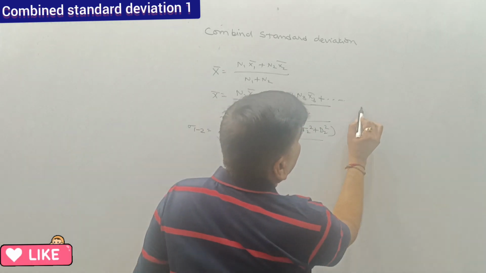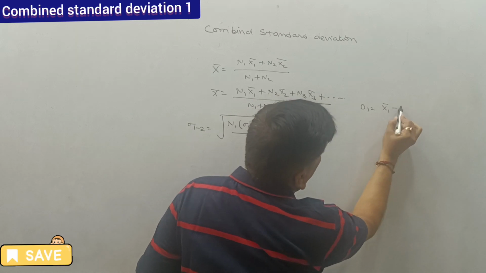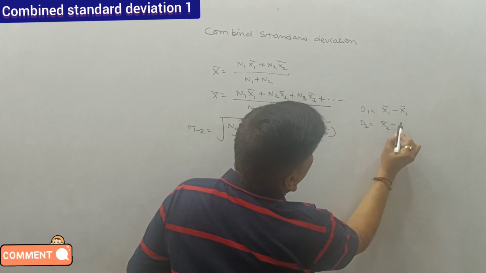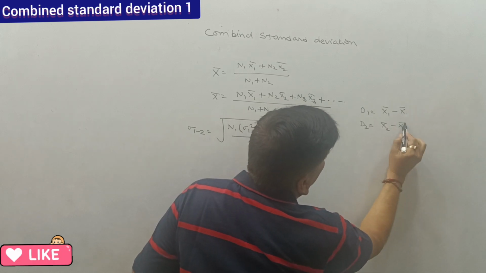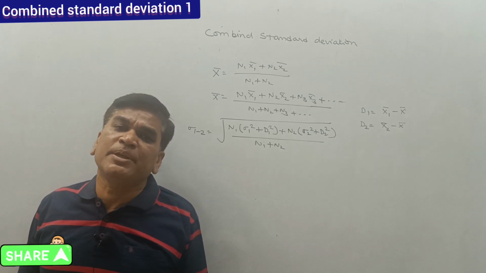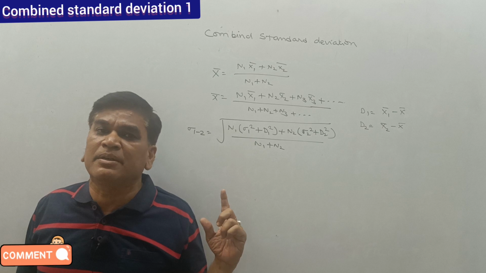If we divide a series into 2 parts, we use this formula. For getting d1, that is x bar 1 minus the combined mean x bar. For d2, x bar 2 minus the combined mean. So to get d1 and d2, we deduct the combined arithmetic mean from the mean given in the question.